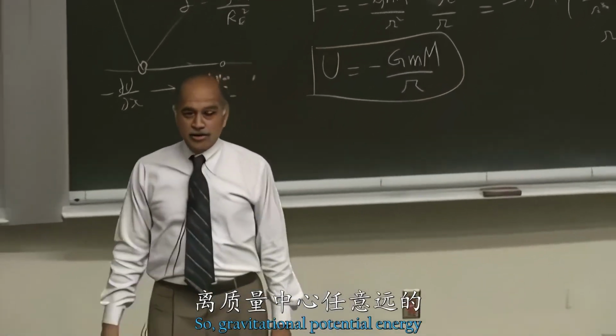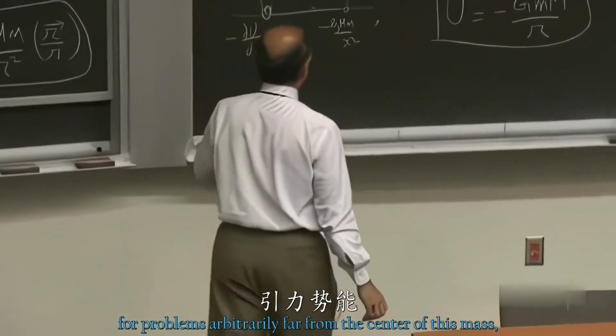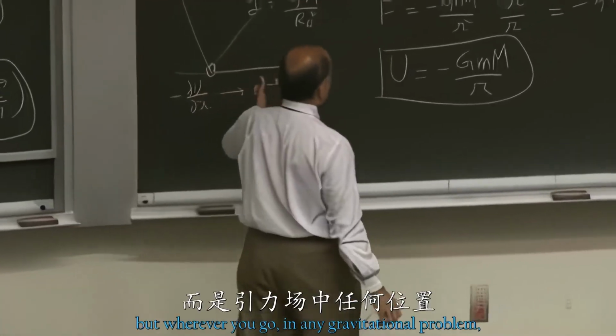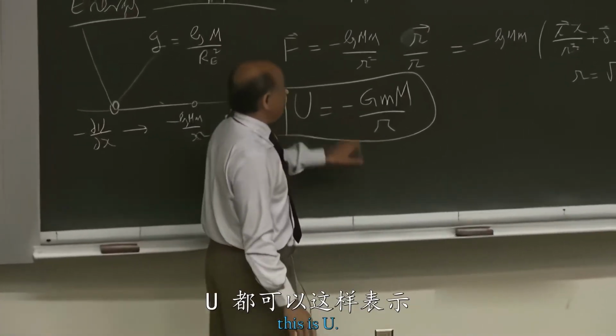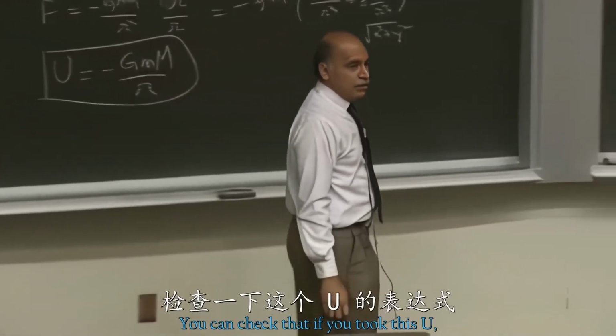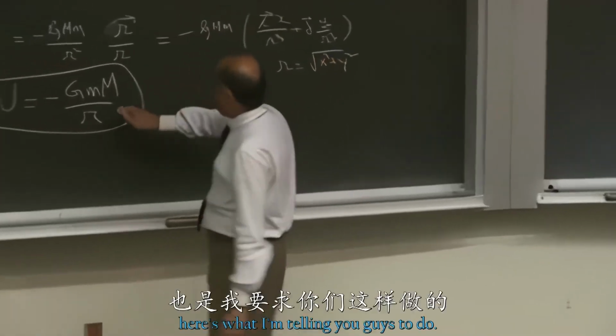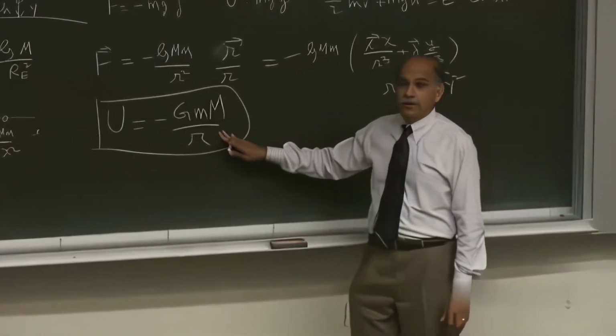So gravitational potential energy for problems arbitrarily far from the center of this mass, not just near the surface of the Earth, but wherever you go in any gravitational problem, this is U. You can check that if you took this U, it's what I'm telling you guys to do. If you're really careful, did I miss something? Shouldn't that be positive?